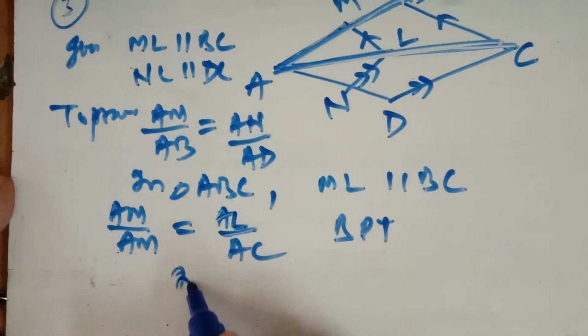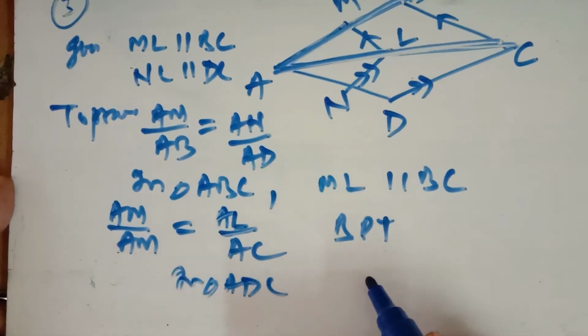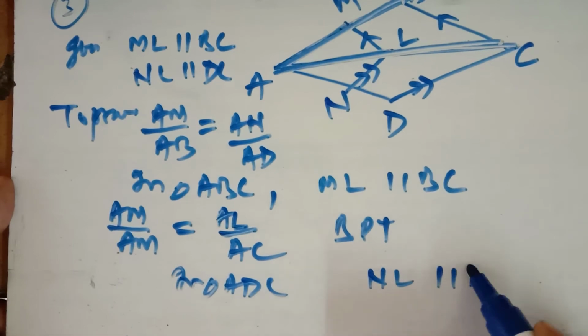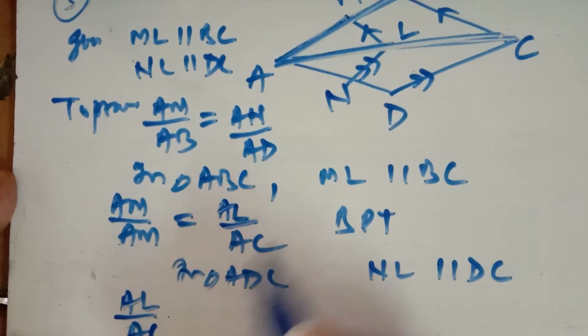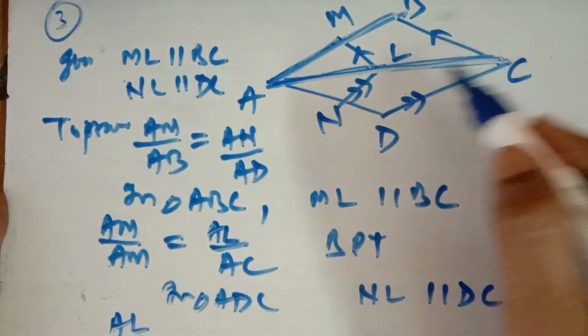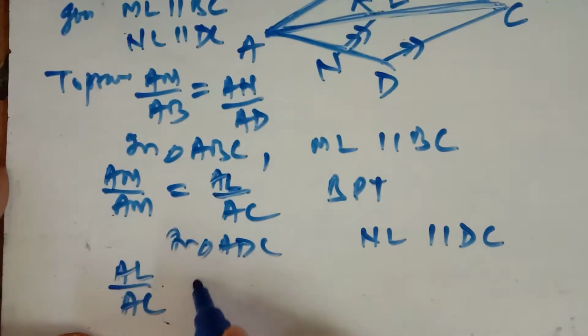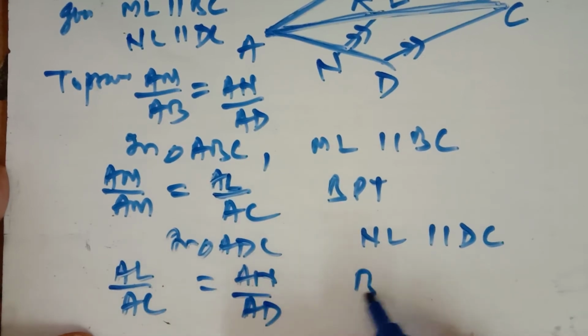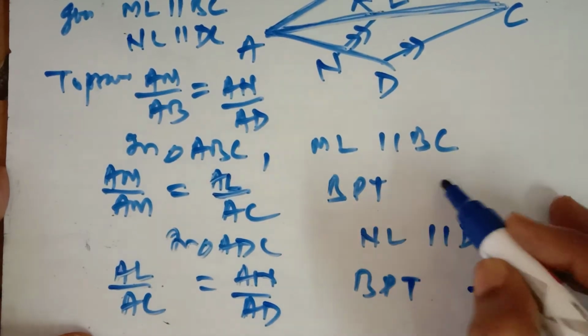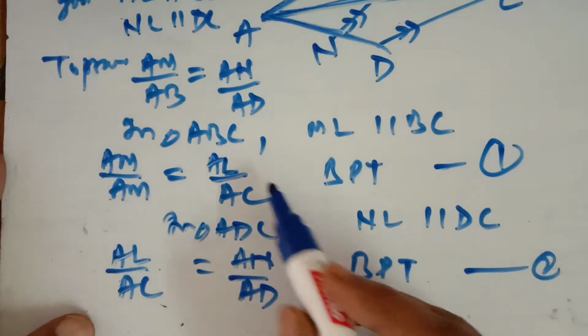Now similarly, in triangle ADC, NL is parallel to DC. Again you can use BPT: AL upon AC will be equal to AN upon AD. This is the second step, and that was the first. So what can you conclude from this?